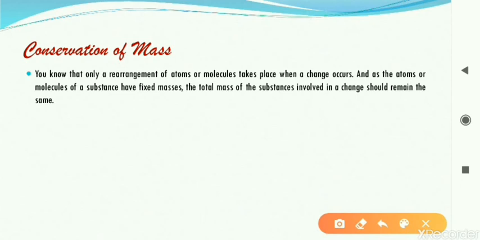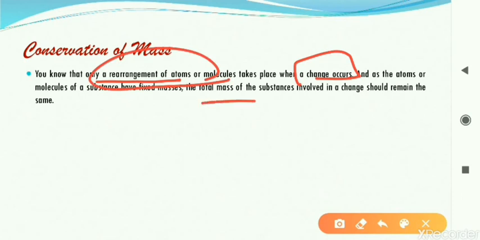Whenever there is a change of state occurring, there is some kind of rearrangement of the atoms or the molecules. Whenever the molecules are rearranging from one form to another, the total mass of the substances should remain the same.